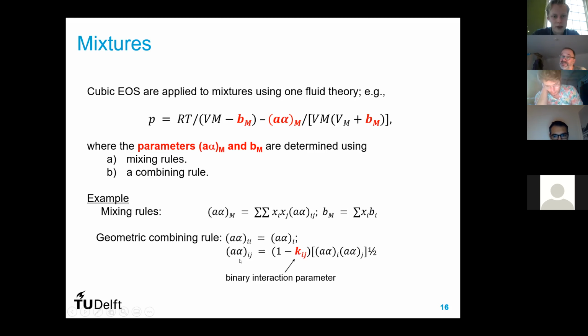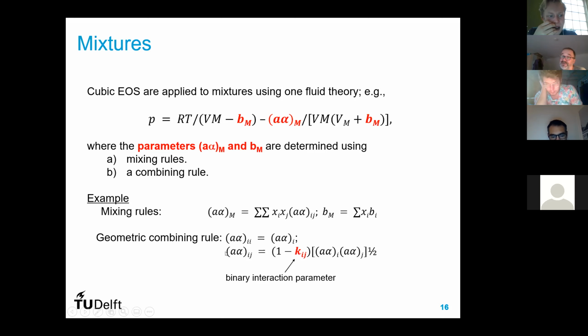And this represents the interaction of a molecule of species I with species J. So if you're mixing methane with decane, this is the interaction between these molecules. And then you need an additional parameter called the binary interaction parameter that simply describes this interaction between these two molecules.